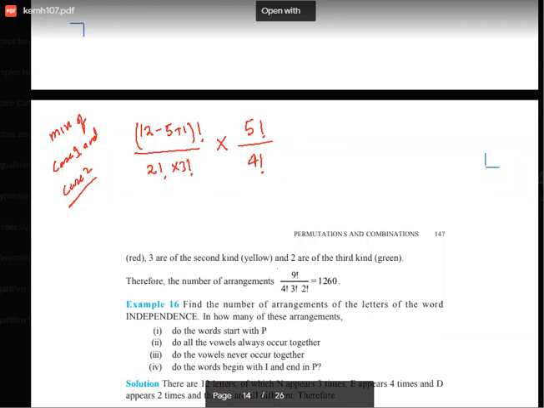Ravalika is absent, I guess. Chinmay, you were also absent last class. Ravalika is here. Okay, very good. So Roshni is not here.